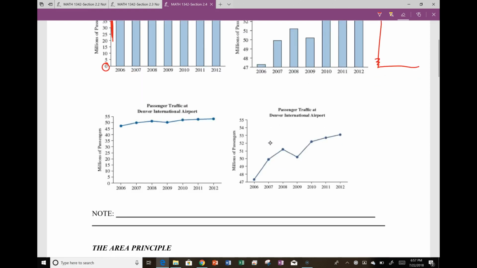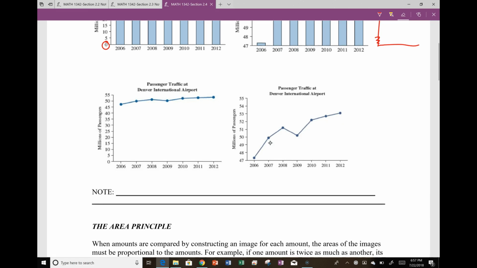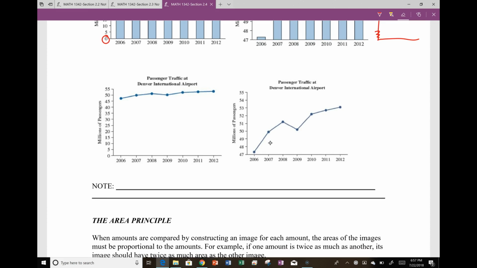Same thing happens with line graphs. Here, you notice that it looks like there's a drastic decrease, a drastic increase, that type of thing. In all actuality, they are basically all approximately the same. Now, I do realize that between 47 million and 51 million there is a huge difference, but we're also talking about millions here, okay?